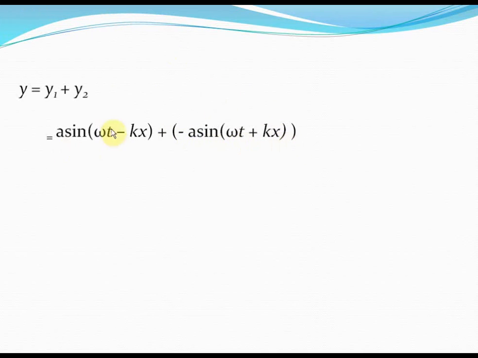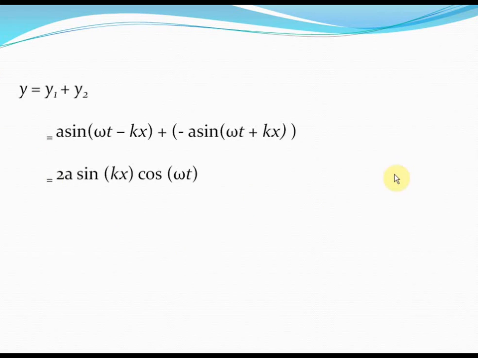So the equation of the resultant wave will be the equation of the incident wave plus the equation of the reflected wave. But if you look at this carefully, do you see that this is of the form sin(A minus B) minus sin(A plus B)? This can be written as minus 2 cos A sin B. We know this identity, and this will be the equation of the resultant wave, the wave which combines the incident and the reflected waves.